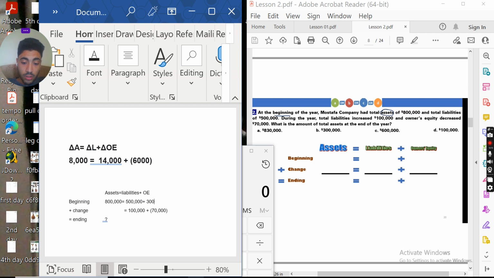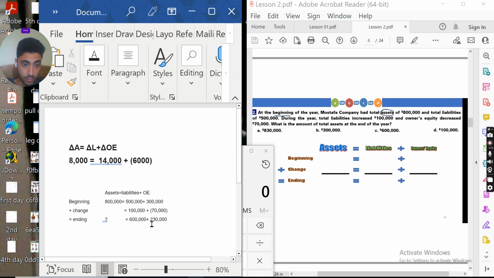500 plus 300,000 will be 800,000. Right. Good. Let's get those two. 500 plus 100 is 600. 300,000 minus 70,000 will be 230.